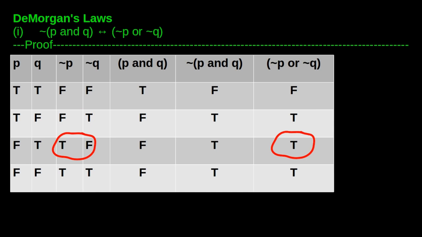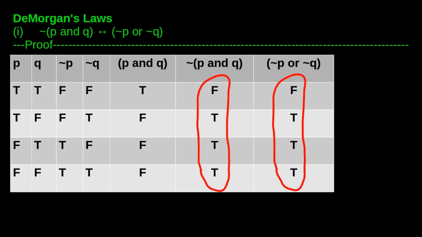Then in the fourth row, we have not P true, and so the statement not P or not Q is true. And in the last row, both not P and not Q are true, and therefore the statement not P or not Q is true.